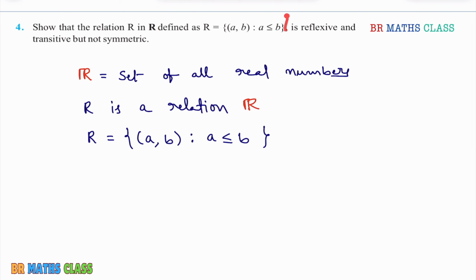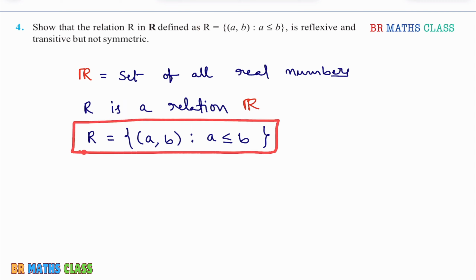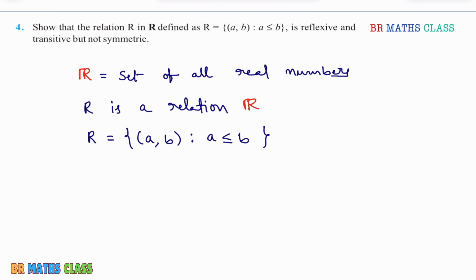And the third one is how the relation is defined. You see, the relation is defined as the ordered pair (a, b) such that a is less than or equal to b. First thing, to understand this solution very clearly, you need to know which ordered pairs are there in this relation. As this relation is on the set of all real numbers, a is a real number, b is a real number, and this ordered pair must satisfy this condition.